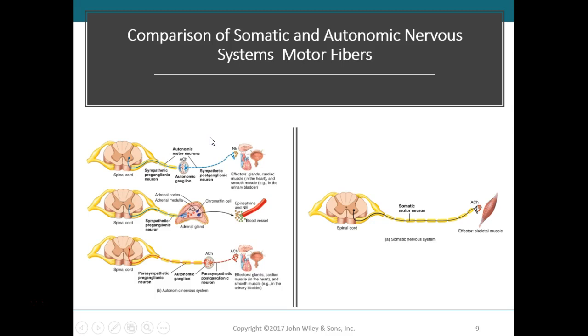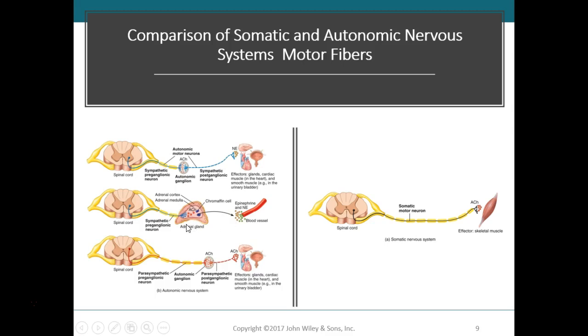So you have a 2 neuronal pathway, with the first neuron having its cell body in the central nervous system and going out to the ganglion. At the ganglion, then the second motor neuron is going to go out and stimulate the effectors. You see the same thing here on the bottom of this image as well.